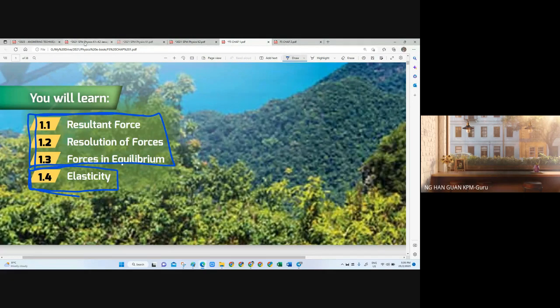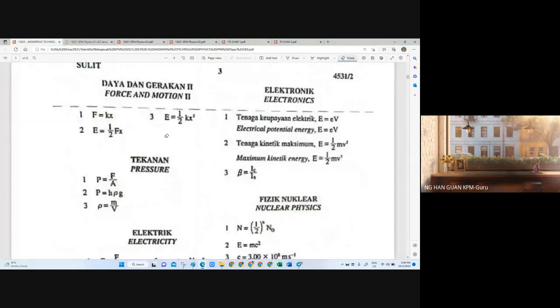If you refer to the formula list provided, for last year's exam, all 3 formulas for this chapter, which is Force and Motion 2, are totally on the second part, about elasticity. There is the formula F equal to kx, and then the elastic potential energy with 2 different formulas.